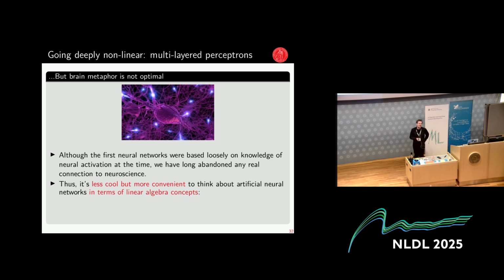And in fact, it's less cool but more convenient to talk about artificial neural networks in terms of linear algebra concepts, in terms of vectors, matrices, algebraic operations on these vectors and matrices, instead of talking about neurons, electric signals, etc. Although of course it sounds very cool when we're talking about models which function like a brain, I think it's much more useful to actually talk in mathematical terms.